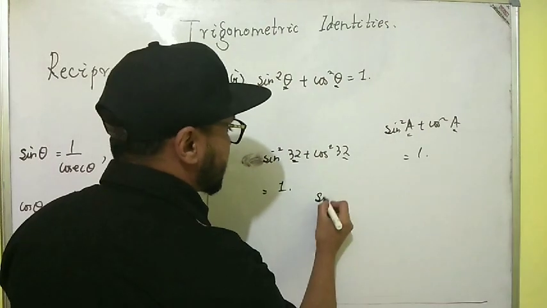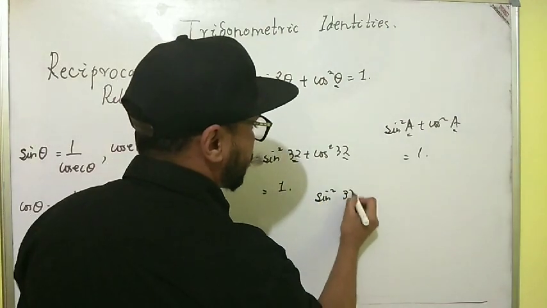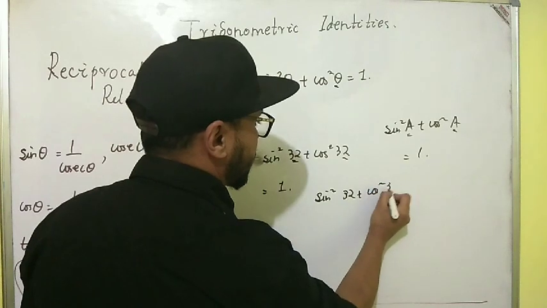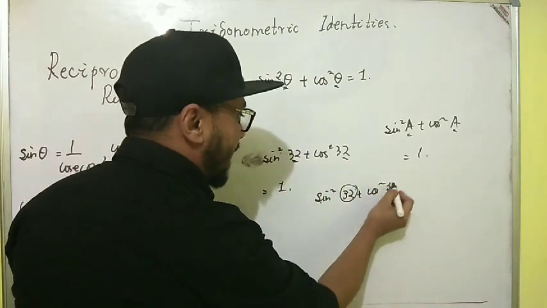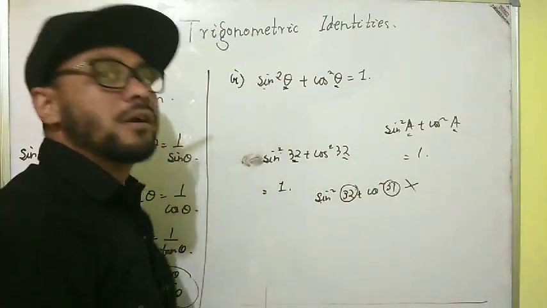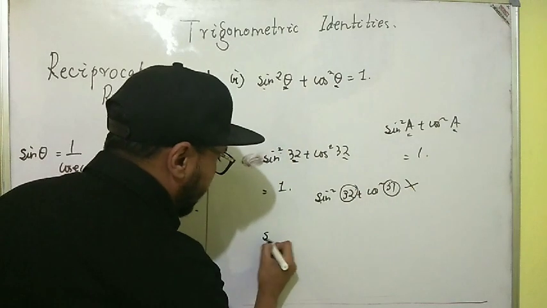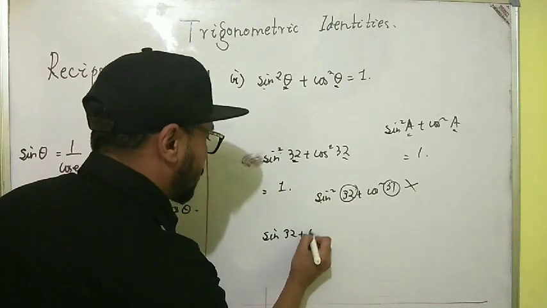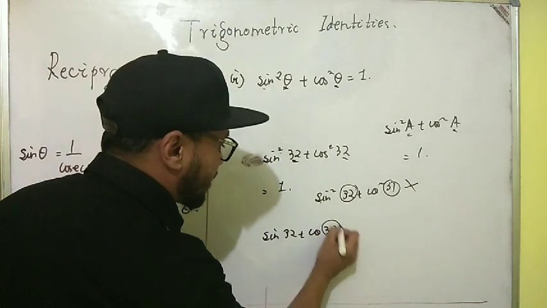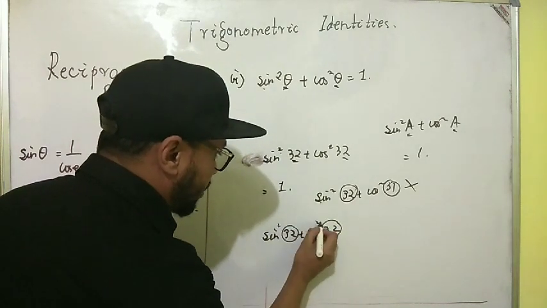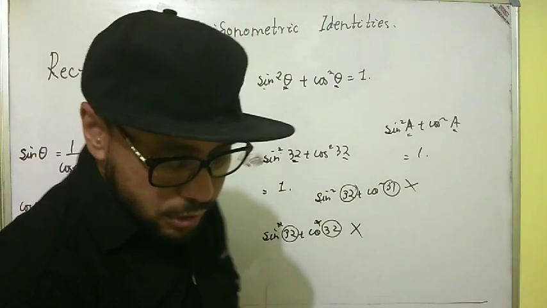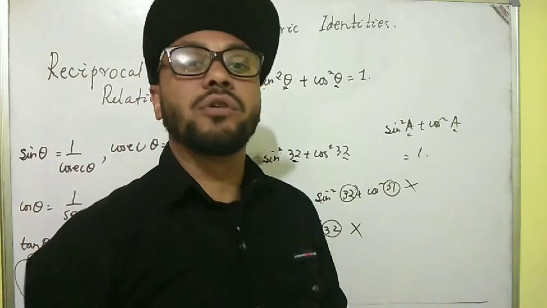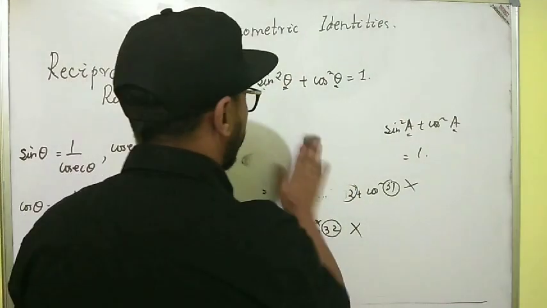But if it is sine square 32 plus cos square 31, we have square, sine, cos, but the angles are not same, so we cannot use the formula. If it is sine 32 plus cos 32, the angles are same, but we don't have square here, so we cannot use the formula here also. So the first one is sine square theta plus cos square theta is equal to 1.